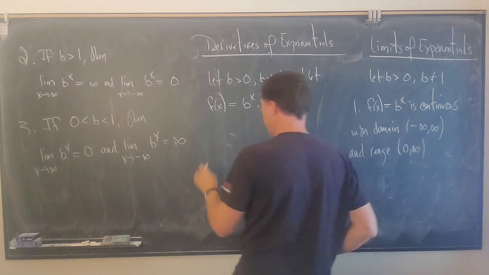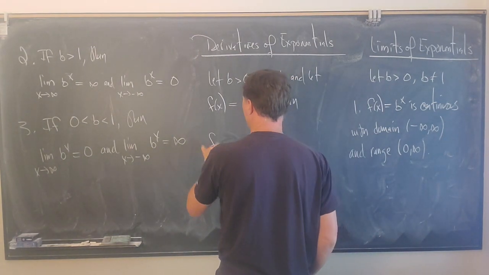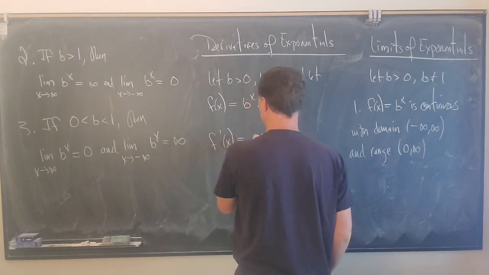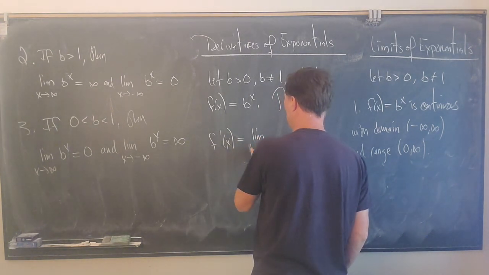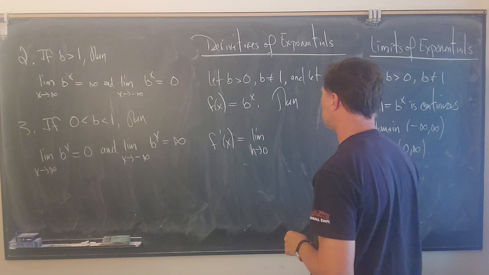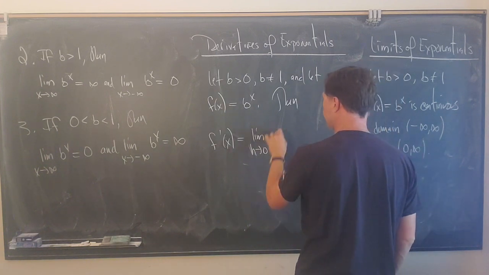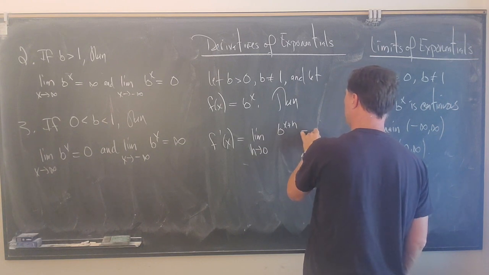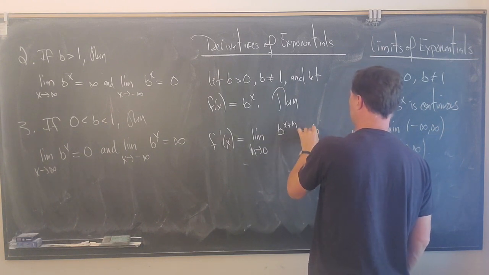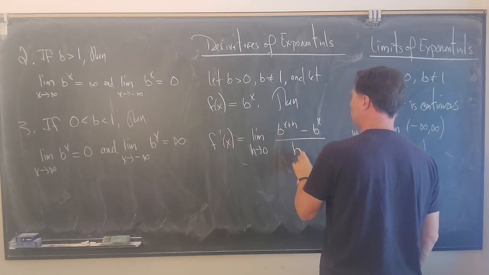So then, I'm just going to use the definition of the derivative. F prime of x, by definition, that's the limit as h goes to 0 of b to the x plus h minus b to the x all divided by h.